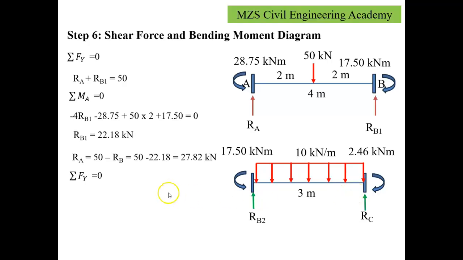If I take summation of vertical forces, I will get the relation RB2 plus RC equals 10 into 3, which is 30.